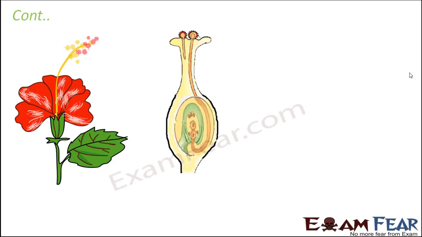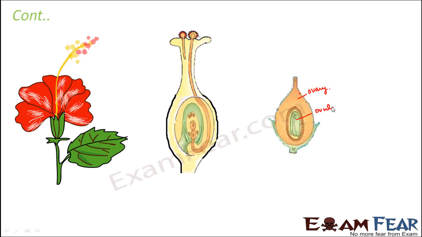In the ovary you have the ovule. After fertilization happens, the ovary ripens, and the ovule will mature to form the seed. So this is how a seed will look.